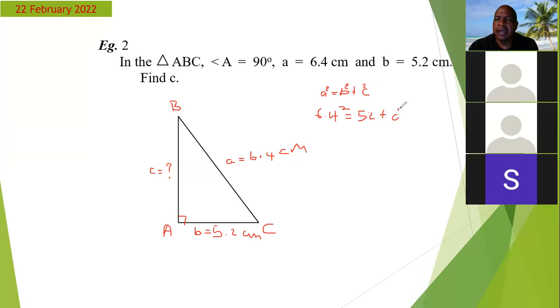All right, and what we're actually trying to find is the value of C. So what are we going to do to get the value of C? Are we going to minus the 6.4 squared, minus 5.2 squared?